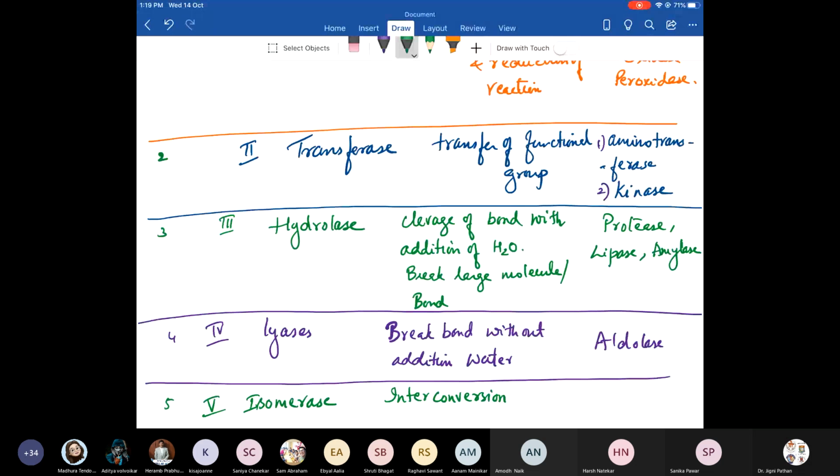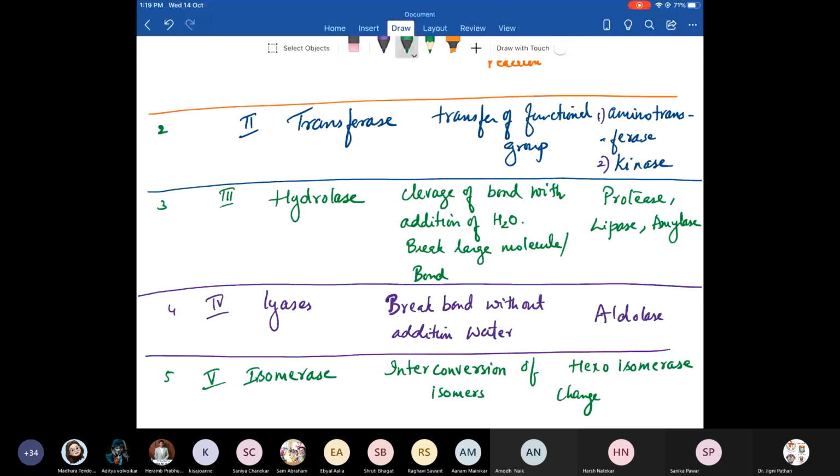Interconversion of isomers. Isomerase changes glucose to fructose. One example.